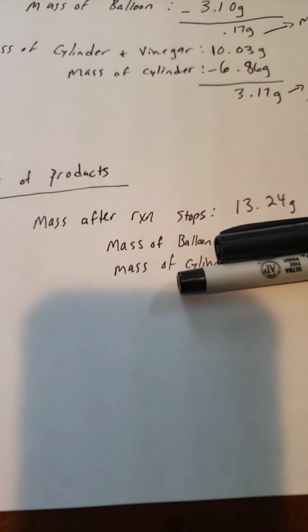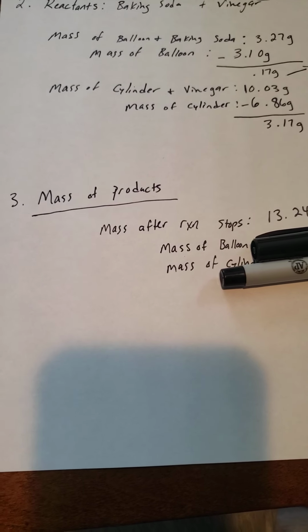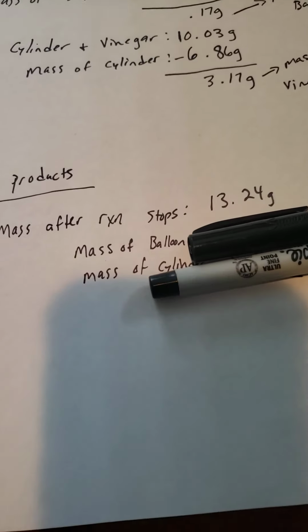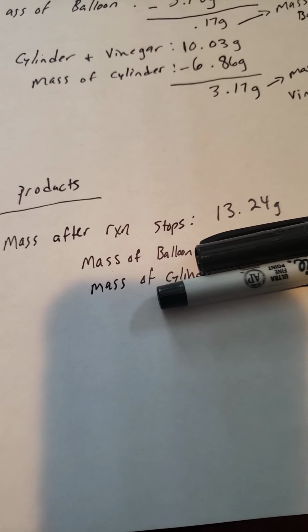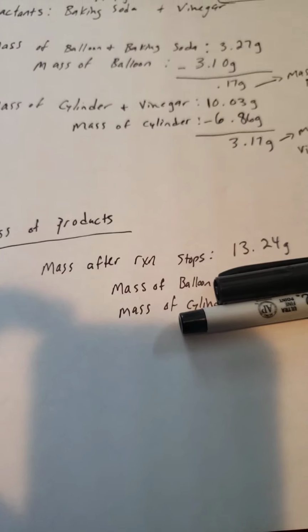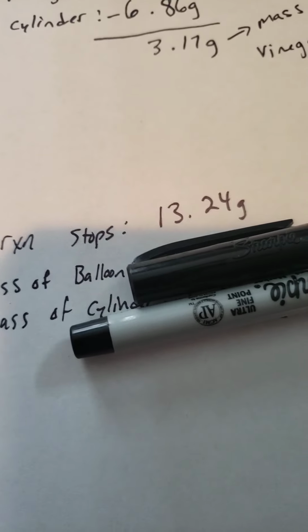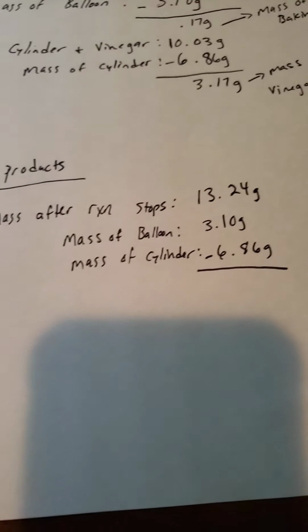All right, so that also is going to include the mass of the balloon and the mass of the cylinder, which we know that we don't want. We're trying to get rid of those masses so that we could look at just the mass of the products, so we could compare that to the mass of the reactants. So similar to question number 2 up here, we're going to do some subtraction.